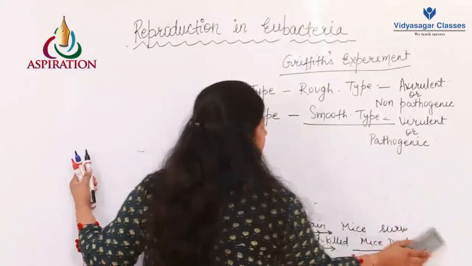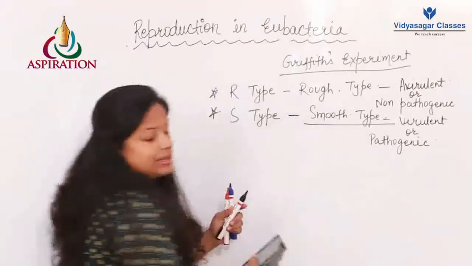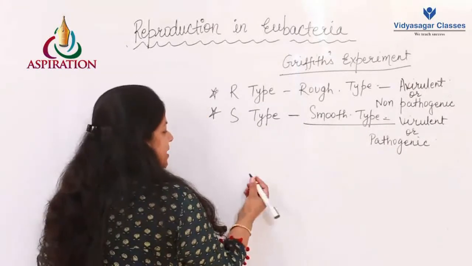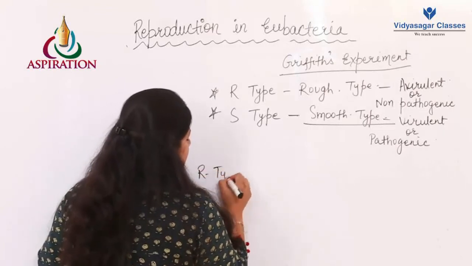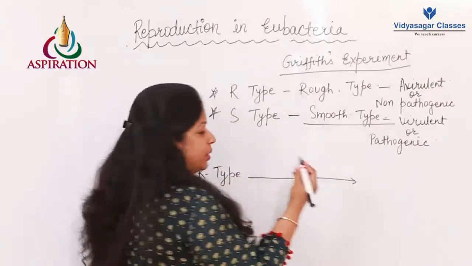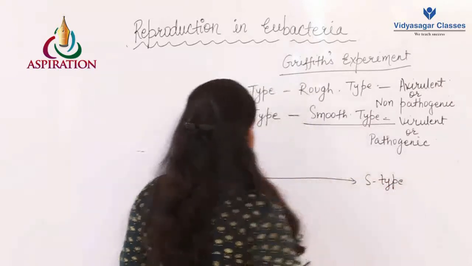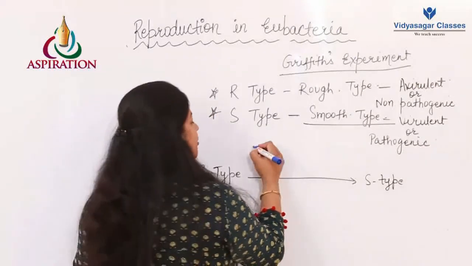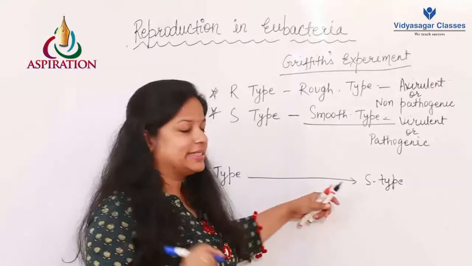So he gave one hypothesis that inside the mice, the living R type got converted to S type due to the presence of something that came out of heat killed S type.